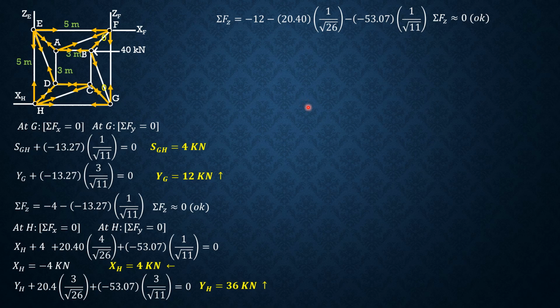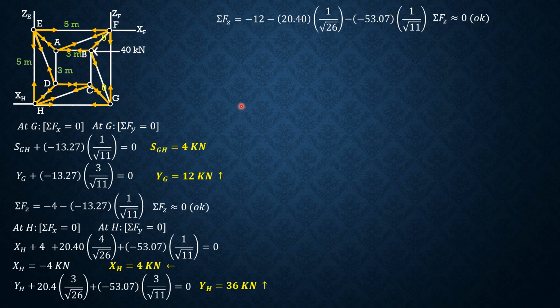Then let's check, because we have checked along X, considering the entire system. So 4 to the left plus 40 to the left, 44 to the left, equals 44 XF to the right. Then along Z, we already solved this. This is 12 forward and this is 12 backward.